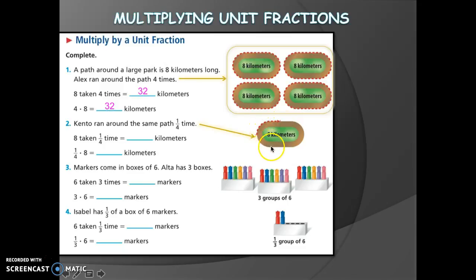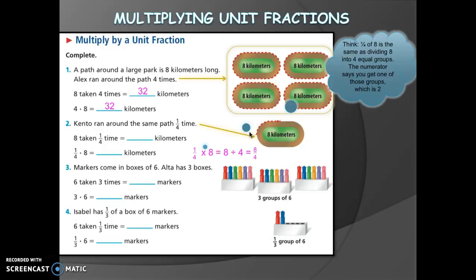So if we take this track and divide it into fourths, each fourth is going to be worth, okay, that means 8 divided into 4 equal parts. So think, 1/4 of 8 is the same as dividing 8 into 4 equal groups.